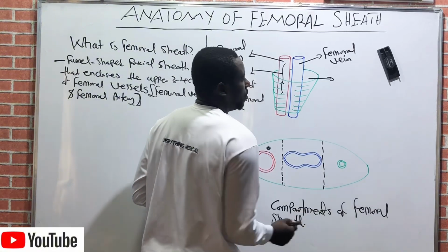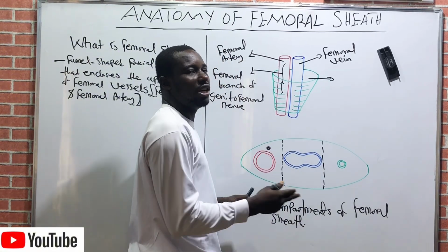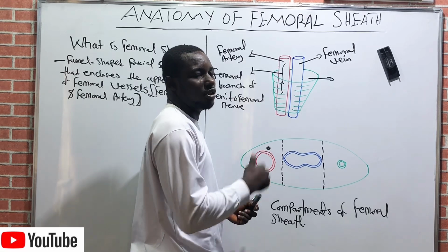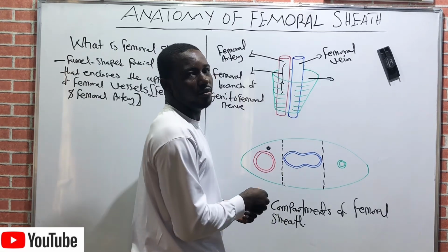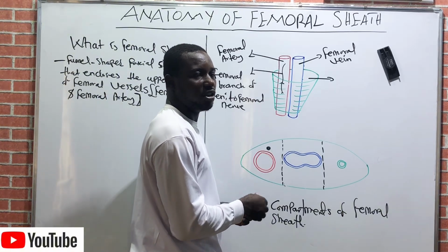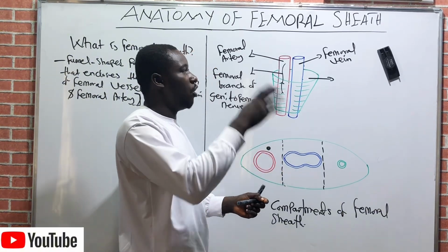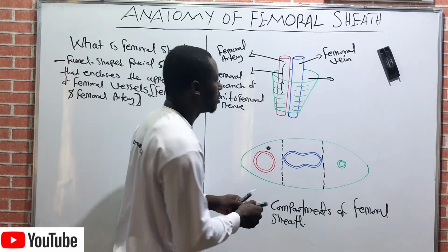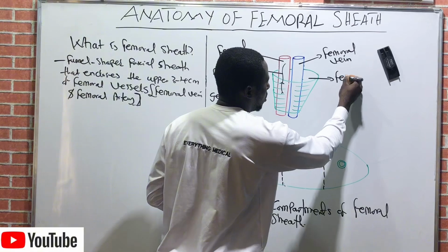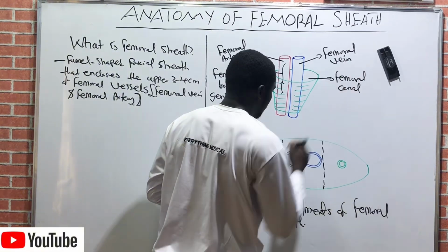Which is here, where we have our lymph node of Cloquet. There could be 2 or 3 lymph nodes located on the upper side of the femoral vein. We call it 3 to 4 lymph nodes found way up medially to the femoral vein. We call it the lymph node of Cloquet. Femoral canal.